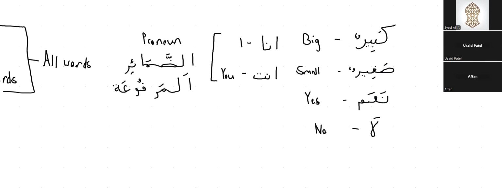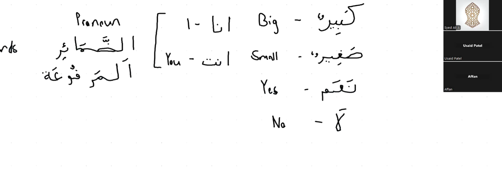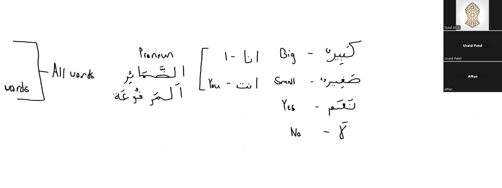And now we're also going to go into how some of these words can be specific or unspecific, meaning definite or indefinite. Kabirun is unspecific. It's just a big thing or a big something.